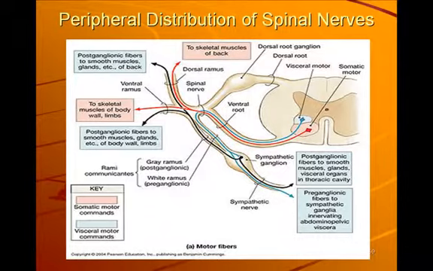Now here's the distribution of the spinal nerves. And again, I helped you earlier to be able to identify what was referred to as the anterior portion of the cord and the posterior portion of the cord, and you'll see why that makes a big difference. The anterior portion is referred to as the ventral or the motor region, and the dorsal root is more of a sensory apparatus.